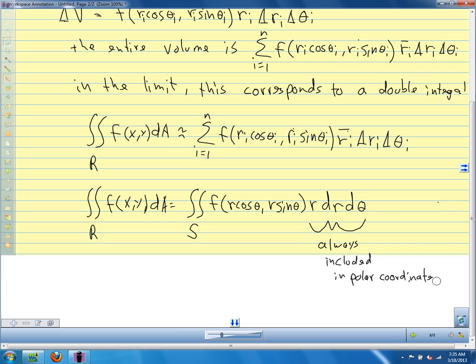It's easy. Often students will forget that extra r in polar coordinates. So just think r dr d theta. It's an easy one to leave off. But that r dr d theta is always included in your integrand in polar coordinates. And we can switch the order, just like we can in rectangular coordinates, but r will always be in there.